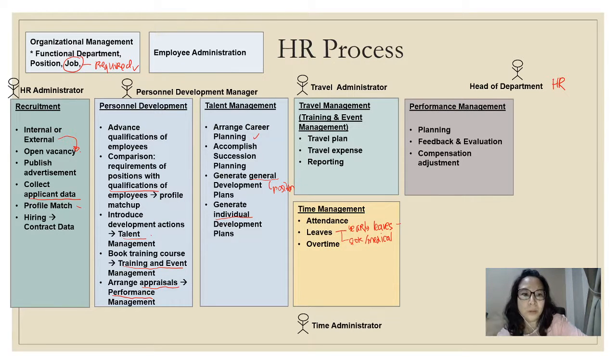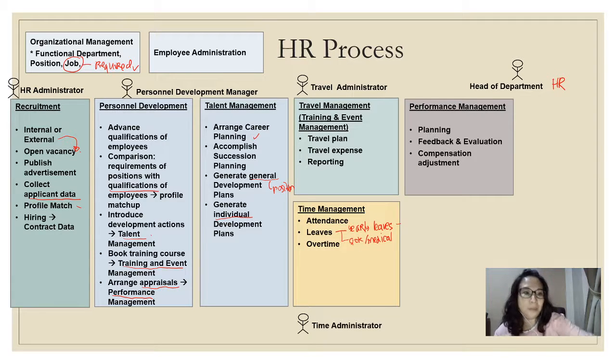So during the feedback and the evaluation, the company should not check the working hours, but instead check the achievement of the employee, whether the employee can fulfill their tasks or not.